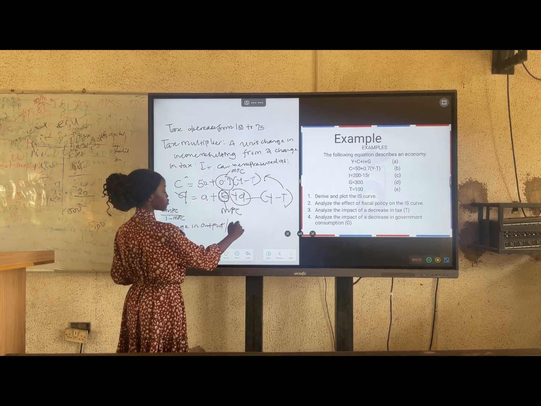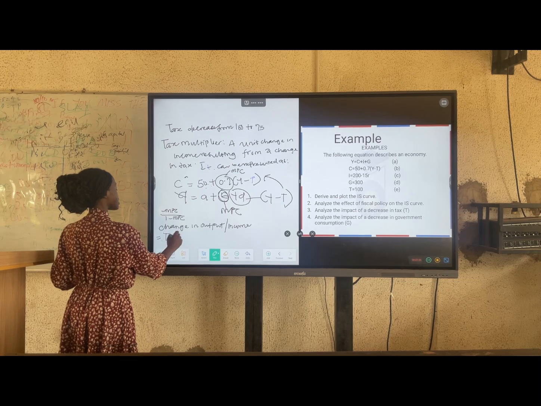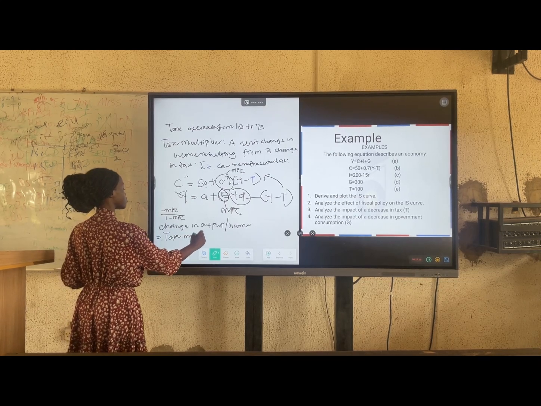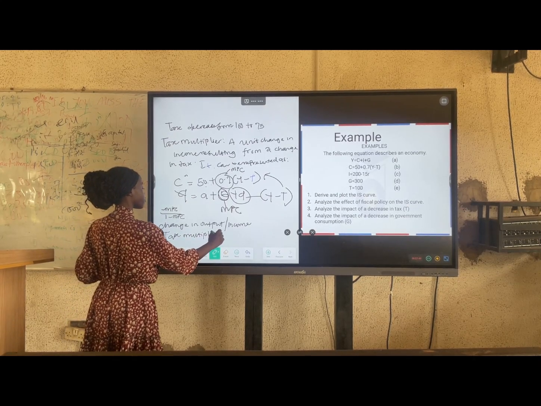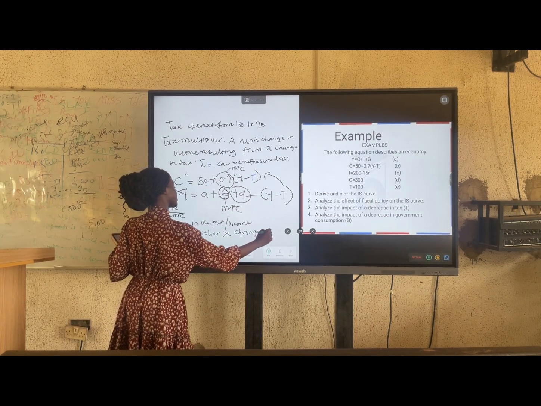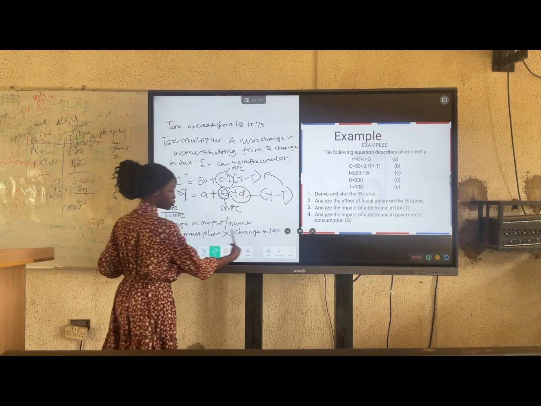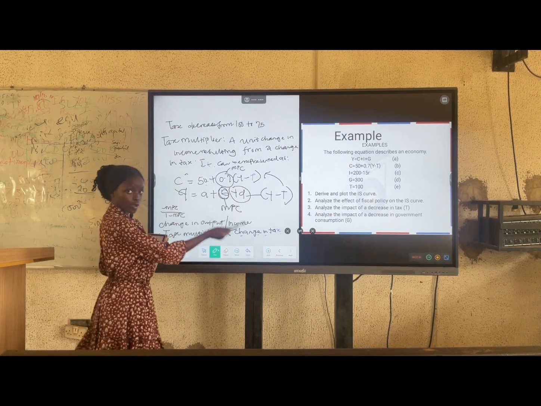To get this, we use the tax multiplier times the change in tax.